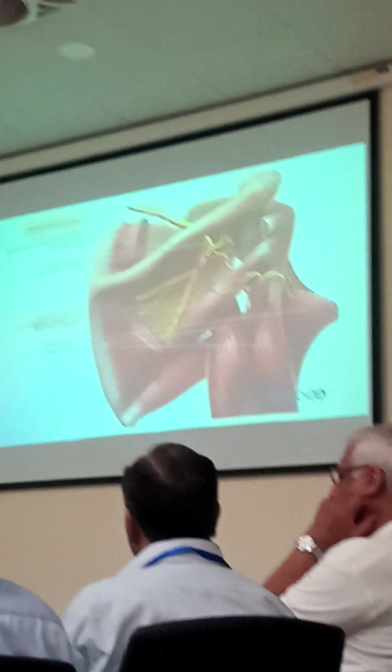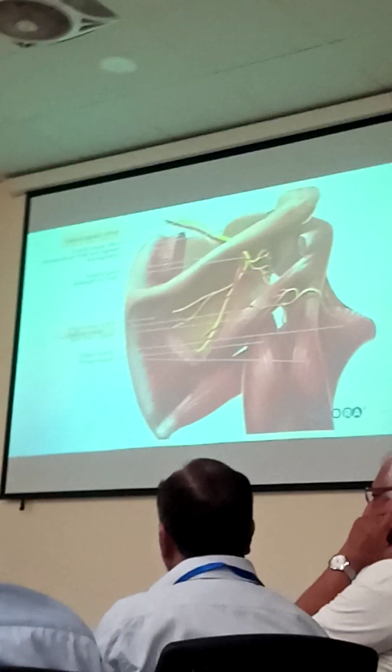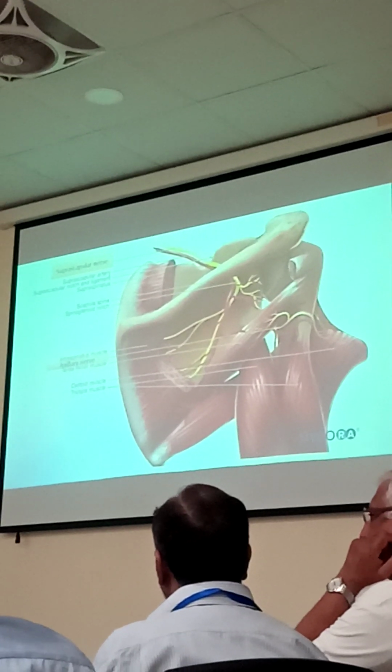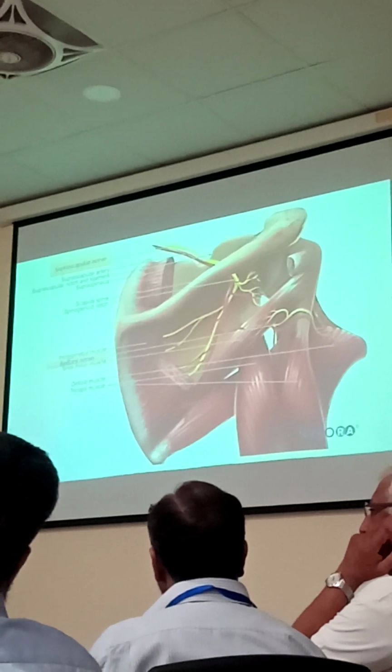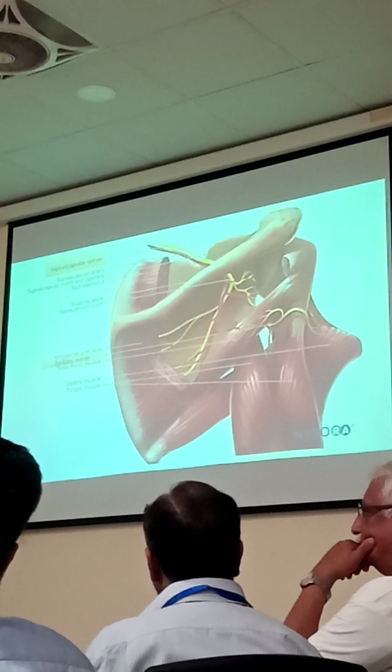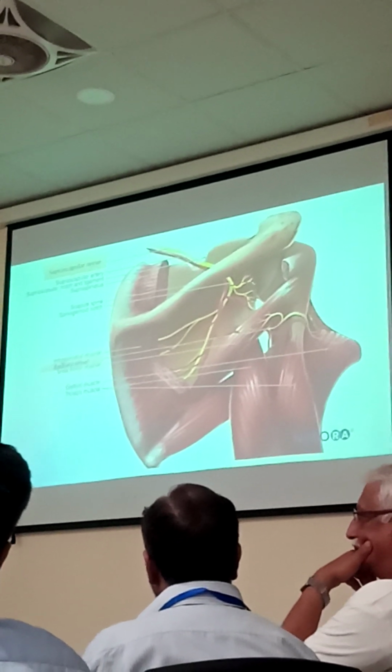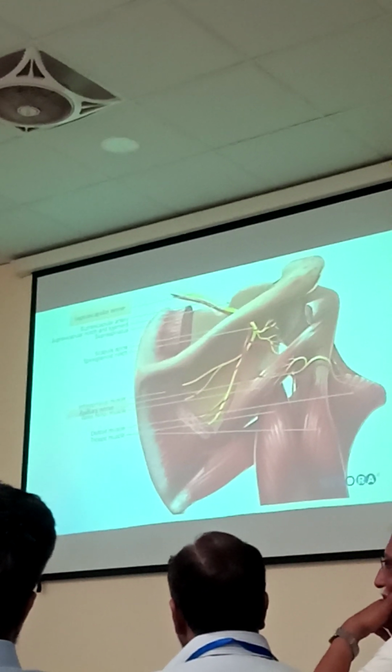There is the course of these two nerves. The suprascapular nerve, emerging from the superior trunk, traverses the suprascapular notch, which is at the superior border of the scapula.